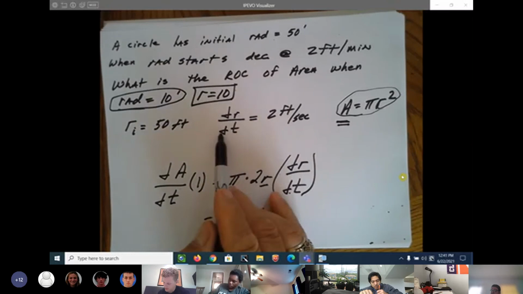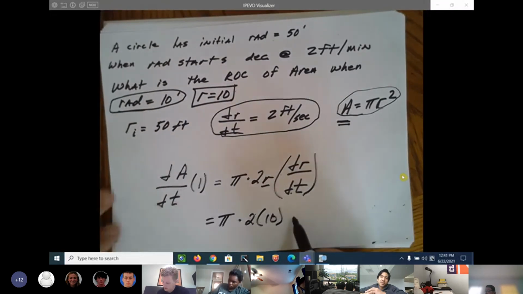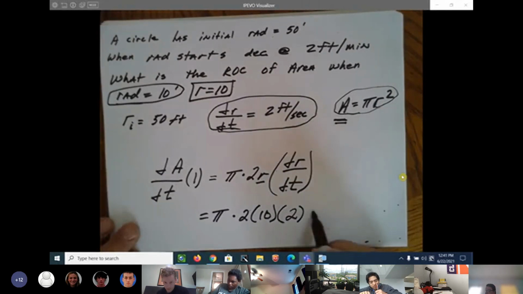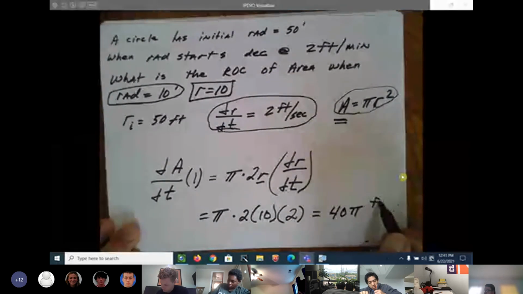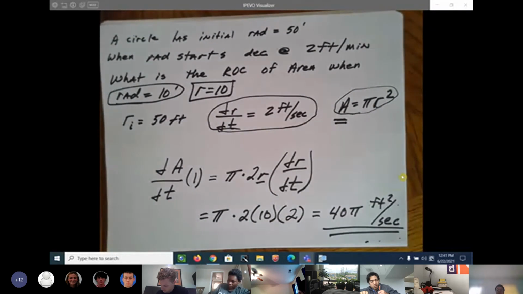And what's dr over dt? 2 feet per second. And that comes out to be 40 pi feet squared per second. So this one was just plug and chug.